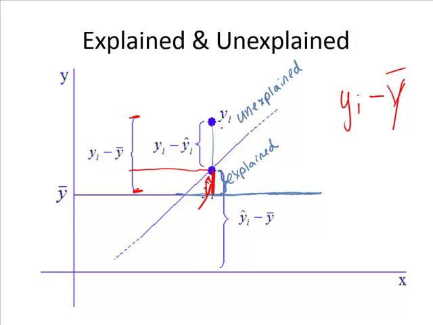That still leaves this gap here between what we predicted and what we observed. That's the unexplained variance. That's our error.